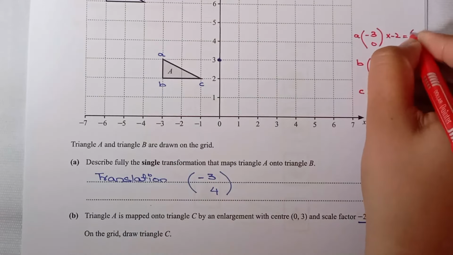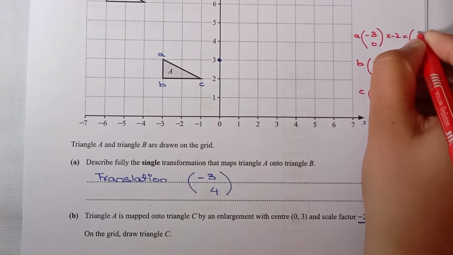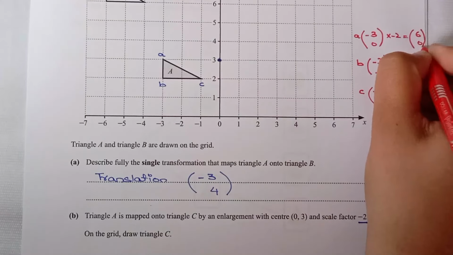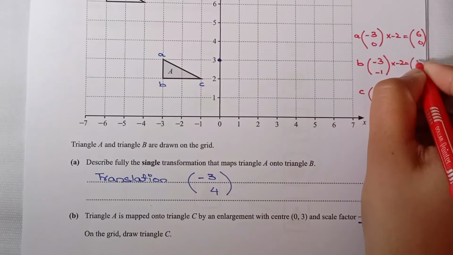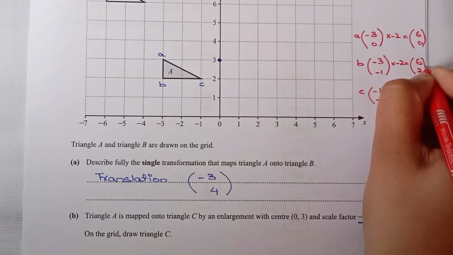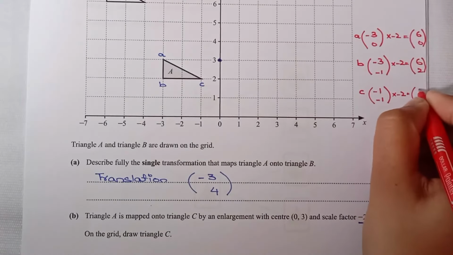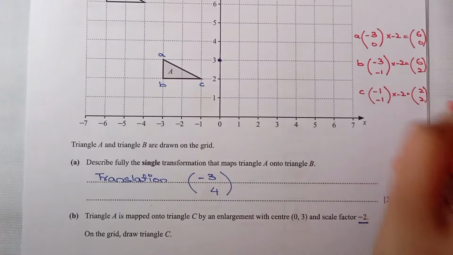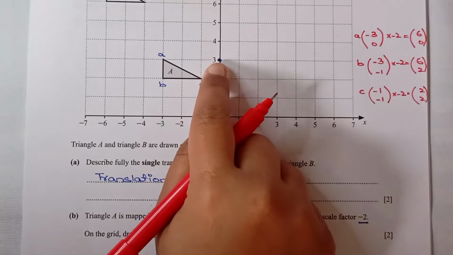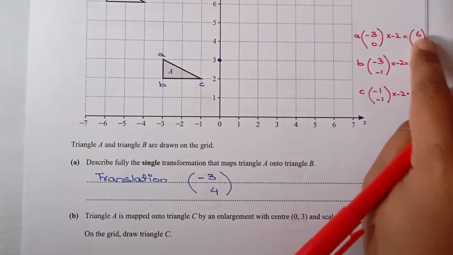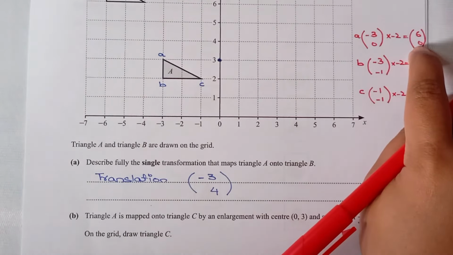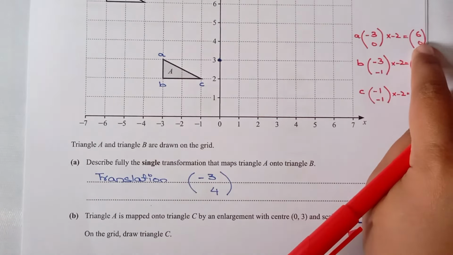So this would be 3 times 2 would be 6 and 0. And this would be again 6 and 2. And this would be 2, 2. Okay. Now from this center, we need to move 6 units to the right and 0 units up.